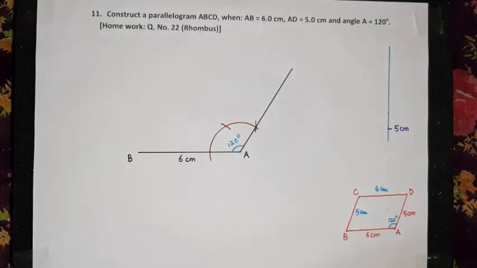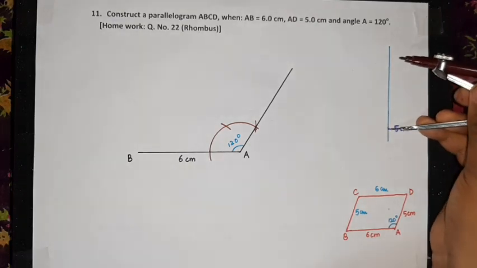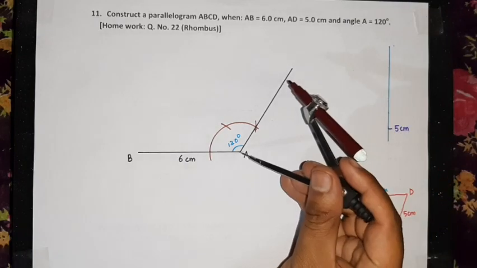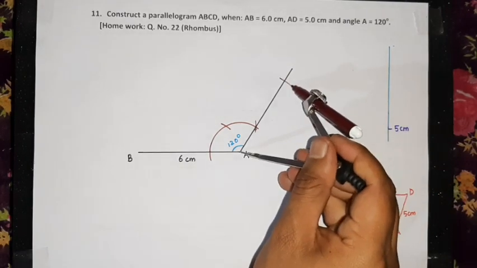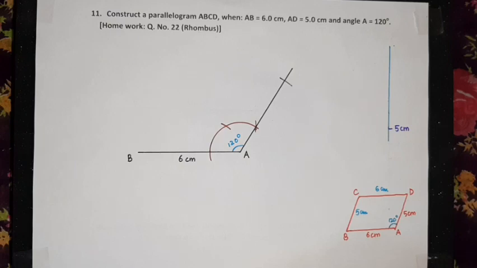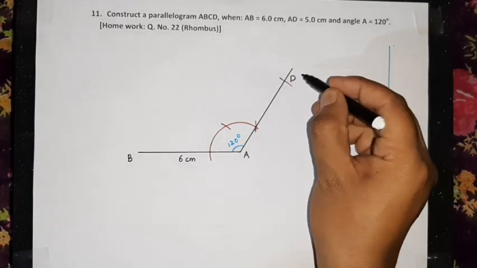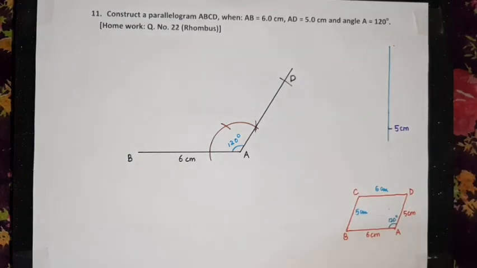Next thing is we have to have this side equal to how much? 5 centimeter. So let me take 5 centimeter radius here. Now what will I do? I'll keep it here and I'll cut the extended line. So this point of intersection is going to be my point D. Okay, so I have done that part.